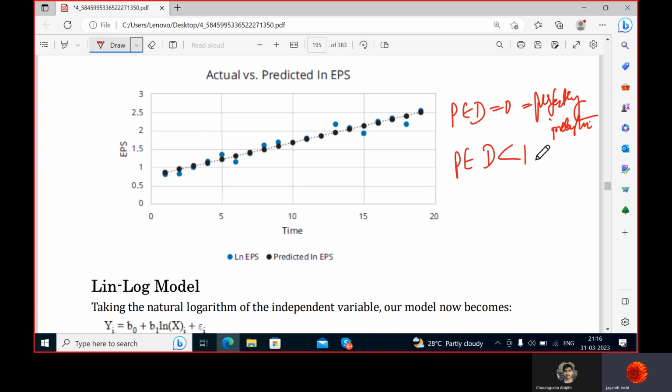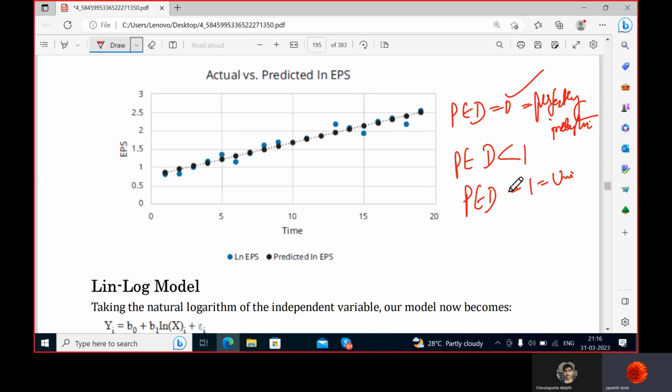Less than 1. So the price increases, the demand decreases, but the decrease is somewhat extreme. Am I right? Yes. Here no change, but here there will be somewhat more decrease in demand. It's unitary.